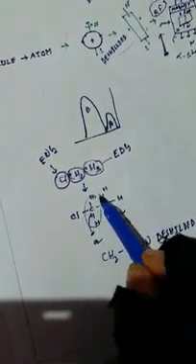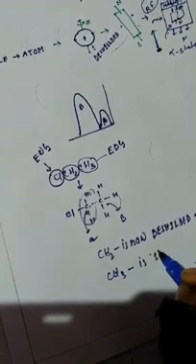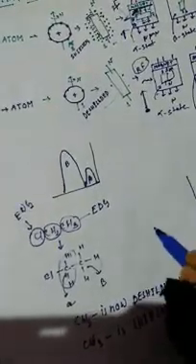Also this group is an electron donating group, and it donates electrons to CH3. Thus CH3 is a shielded atom. If we represent this on the curve, we can plot it in such a way and show the peaks in such a way.